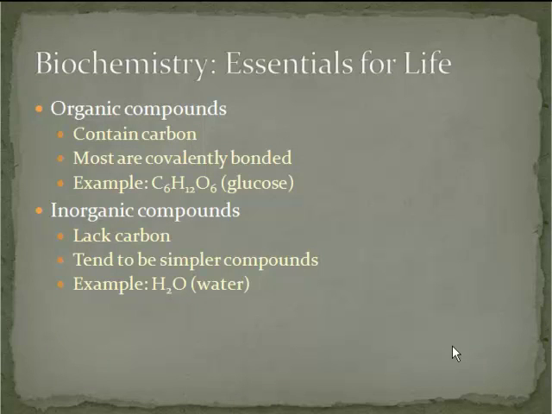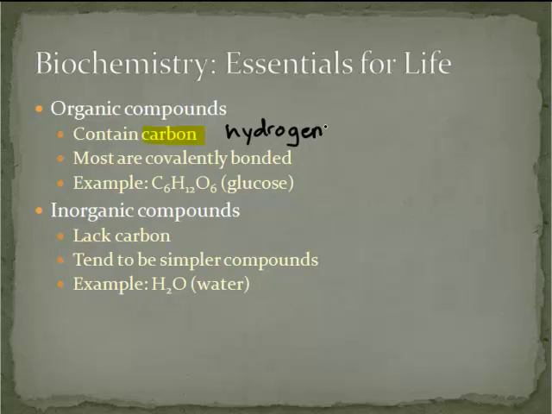This leads us to organic versus inorganic compounds. In this portion of the lecture, we're just going to focus on inorganic compounds, but I'll take a moment to tell you the difference between organic and inorganic compounds. An organic compound is one that contains carbon. Carbon is the key here. And that carbon is bonded to at least one hydrogen.